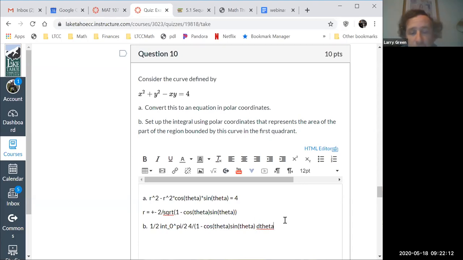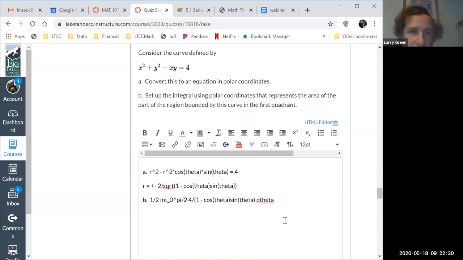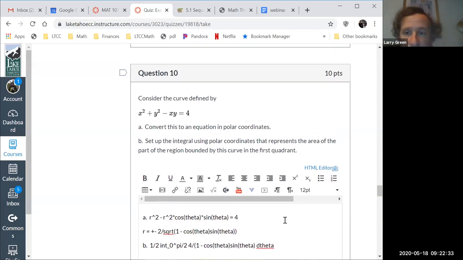And that's it. That's all of part B. There's no work to show. You just plug it in the formula. And again, I decided to not make you do the integral because that would have taken too long. But that's something you learned last quarter, how to integrate something like that. It's a bit messy. Any questions on number 10?